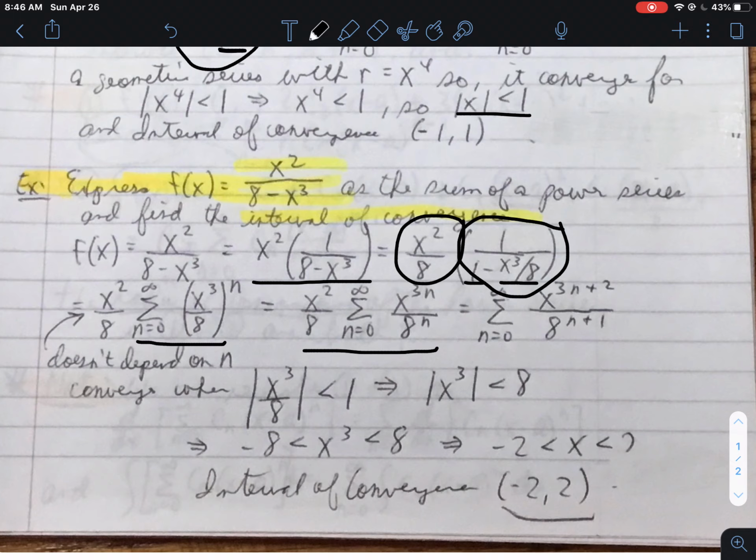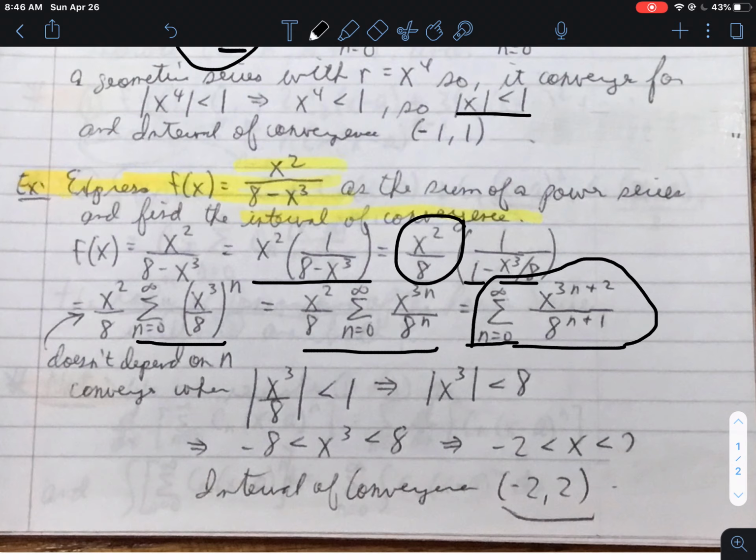That'll give me 8 to the nth times 8, which would give me 8 to the n plus 1. So here would be a nicer version of our power series. This is what I'm ultimately interested in as the final version of our power series.